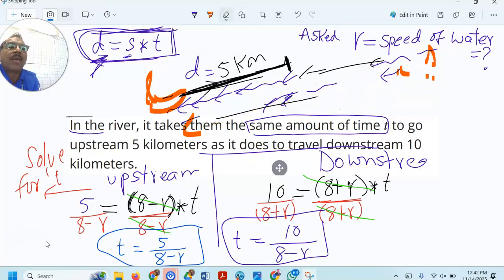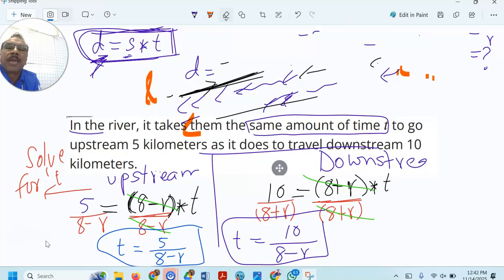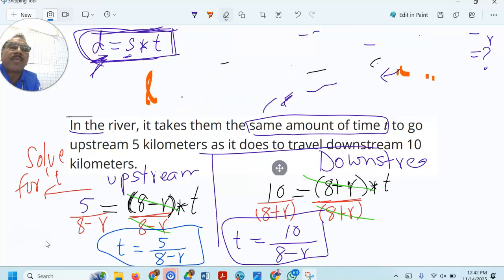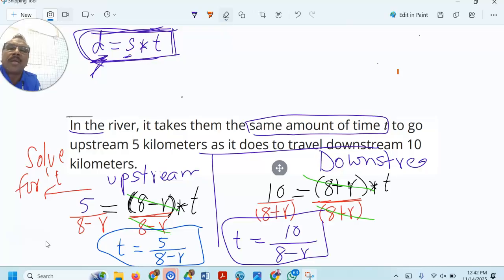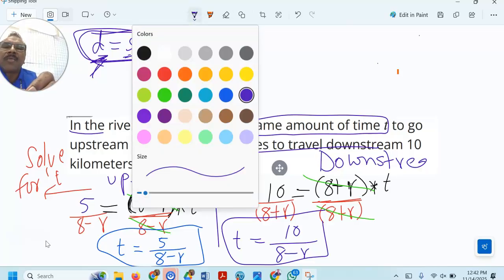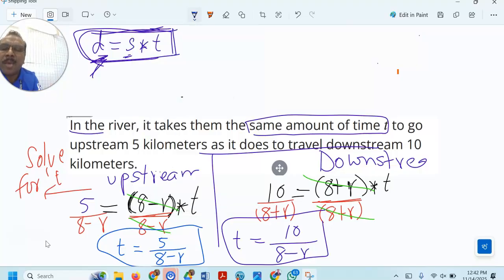Next we have to solve. So I have to take this off. And now there's a second question. If you see question A and question B, we are done with question A, which says, can you write a rational equation or expression? So that's what we are doing. Still not over. Now both of them are t, this also is t, so if the lefts are equal, the rights are equal.